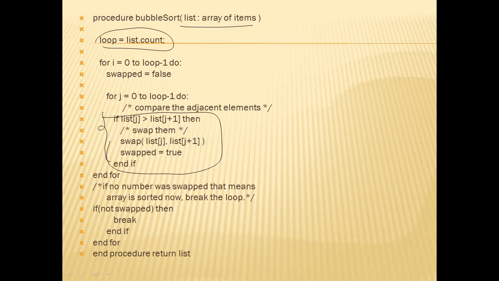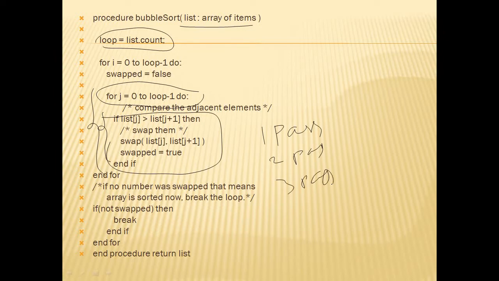It has a nested loop, a main loop and an inner loop. After the inner loop completes in total, we call it one pass. If I repeat the same inner loop, that is the second pass. Again repeat, then third pass. Like that, it will process a number of times.